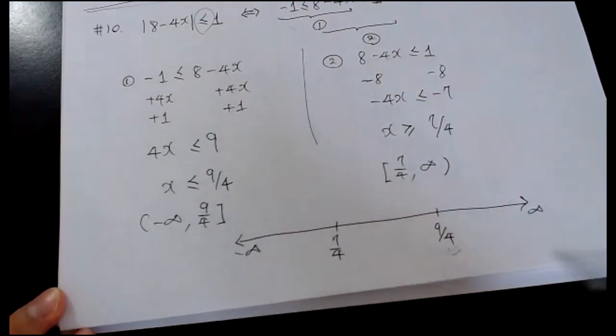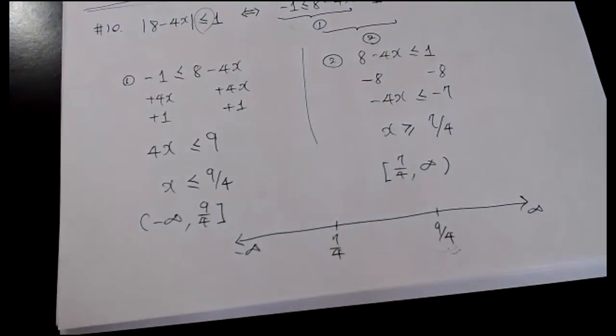Because the two fractions have the same denominator 4, so the fraction having the larger numerator is going to be greater than the fraction having the smaller numerator, right?